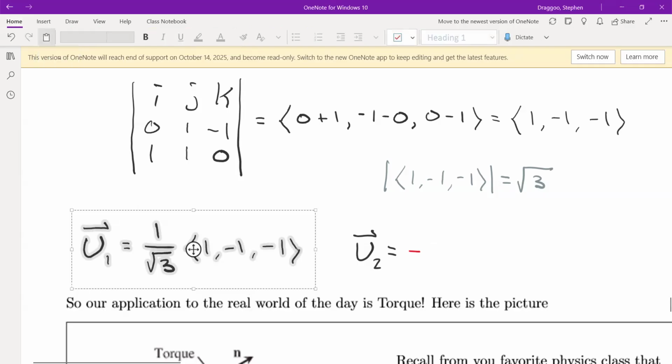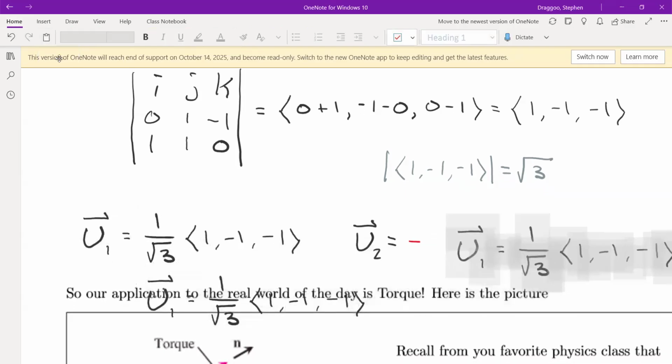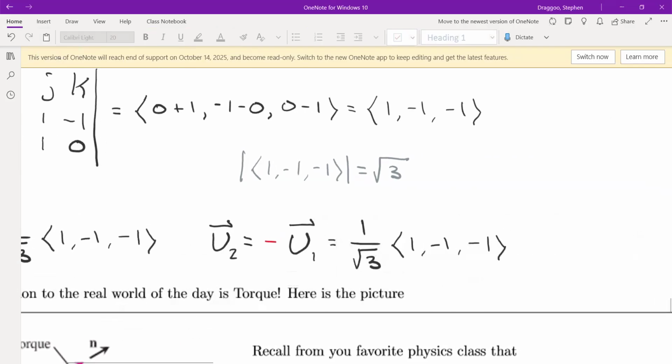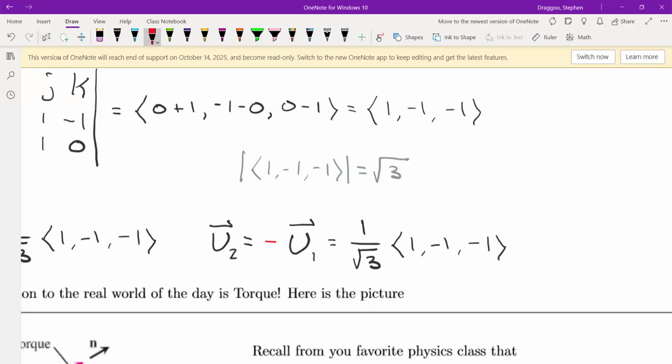So just copy and paste. I just need to slap a negative right there. I think just keeping it on the outside's fine, or I can distribute the negative through. Could be fine either way.